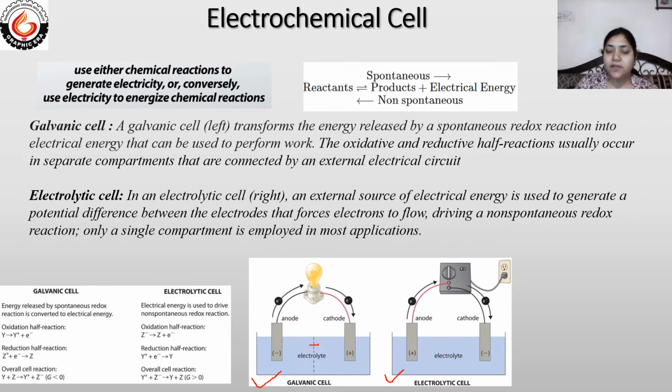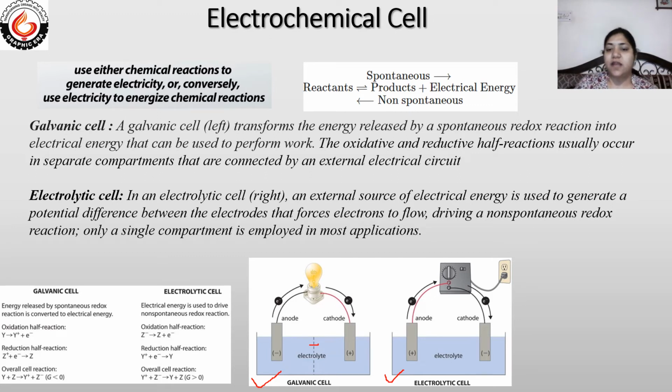This happens because the movement of electrons is due to different reasons. In an electrolytic cell, electricity is provided, then the electrical potential is developed and the electrons move, whereas in a galvanic cell the electrode potential is developed first, which pushes the electrons to the external circuit.